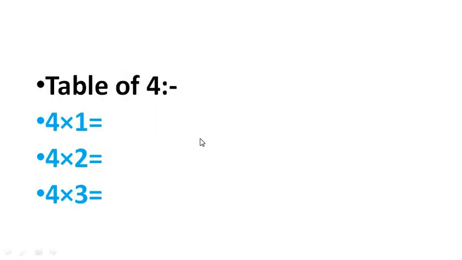So I have to write 38 first, then 37, then 36, and at last the smallest among all, 35. Look, 38, 37, 36 and 35. So this was the revision of chapter number 1, which we have already done in the past. Okay, I hope the chapter has become clear and you have revised it.